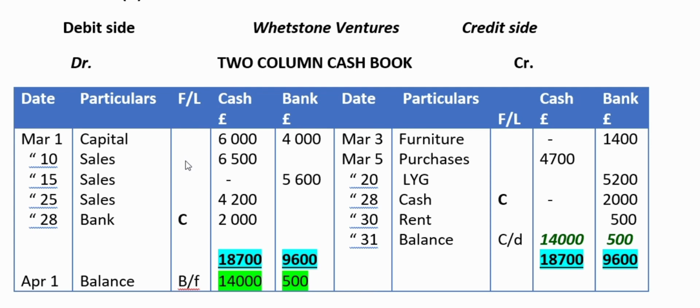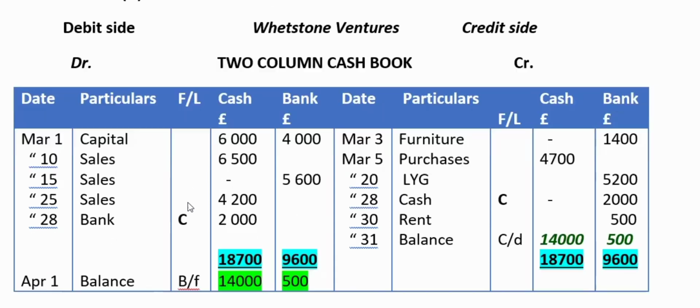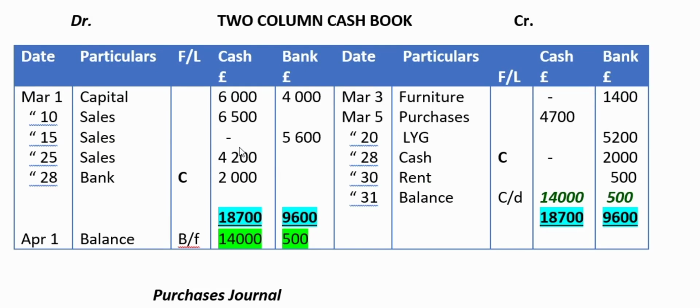The folio column helps to make reference to transactions such as the contra entry on March 28. That C indicates that it's a contra entry, which we will explain later. The folio can also be used to enter an invoice number or ledger number, or any other important reference.